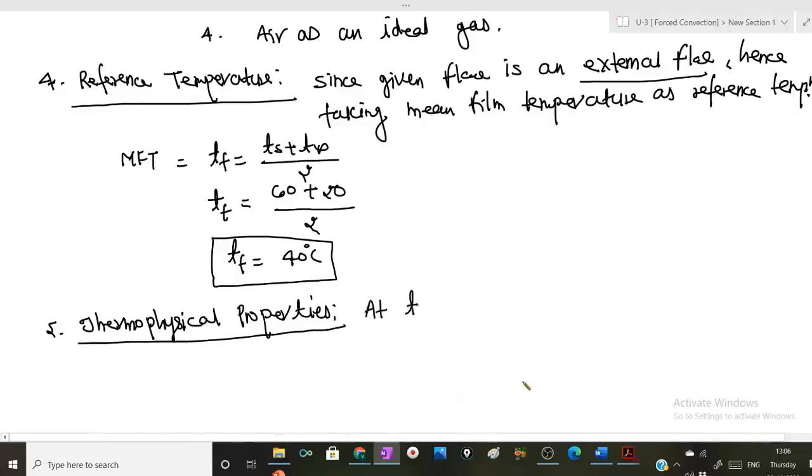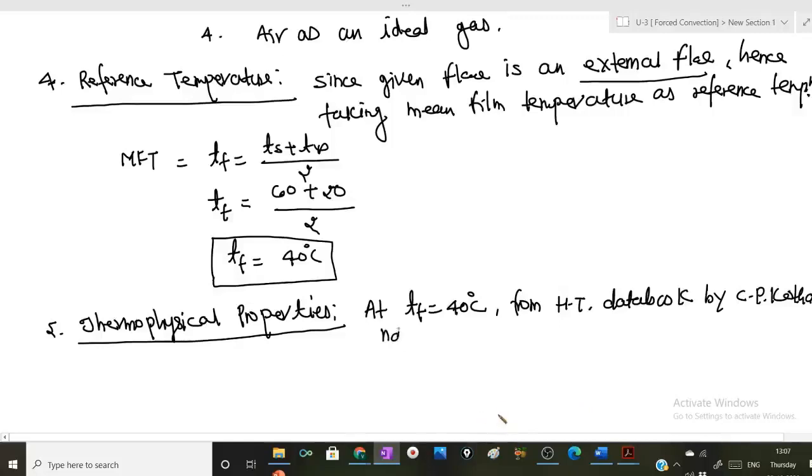At TF is equal to 40 degrees Celsius, from heat transfer data book by CP Kothandaraman, and page number 34.